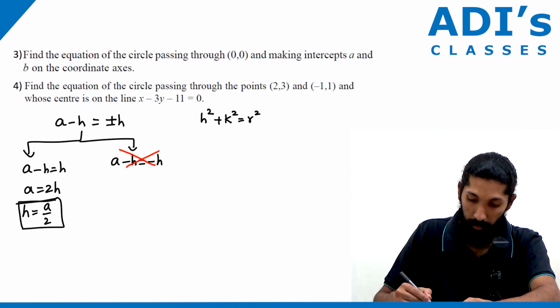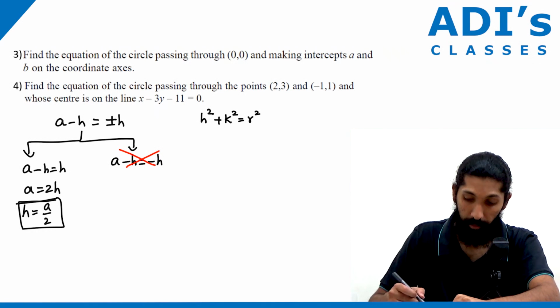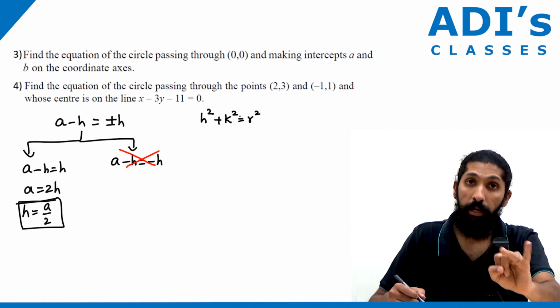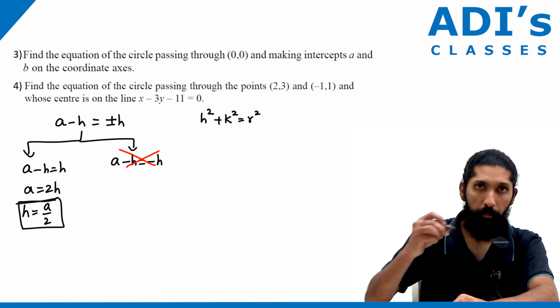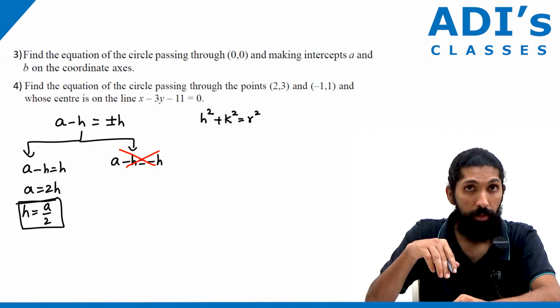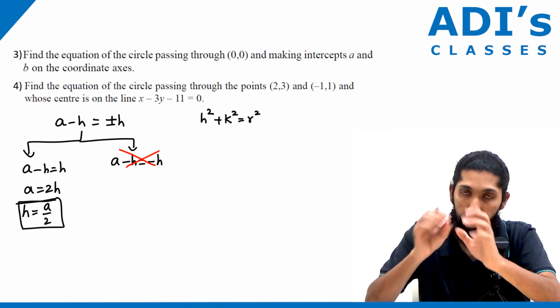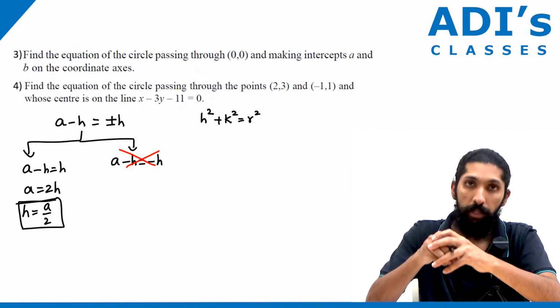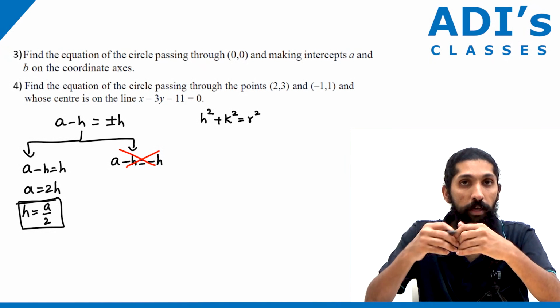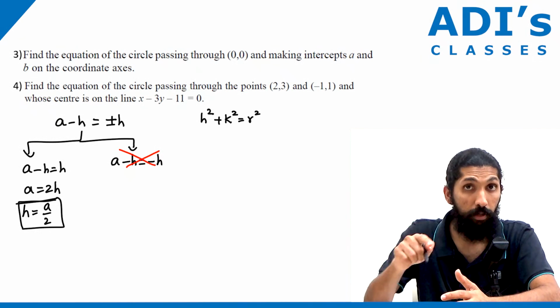Now, if you do this one, you're going to get the value of k in terms of r and a, correct? But what if we take the first and the third equation and solve for another variable? But the issue is, when you take this one, r square is again going to get cancelled. It makes no difference. But you do need the value of k, right?